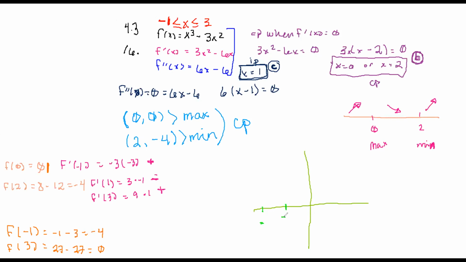This is -1. And I know that f of -1 is the point (-1, -4). And I know there's a point that is (3, 0). So I am going to graph -1. This is going to be -4.